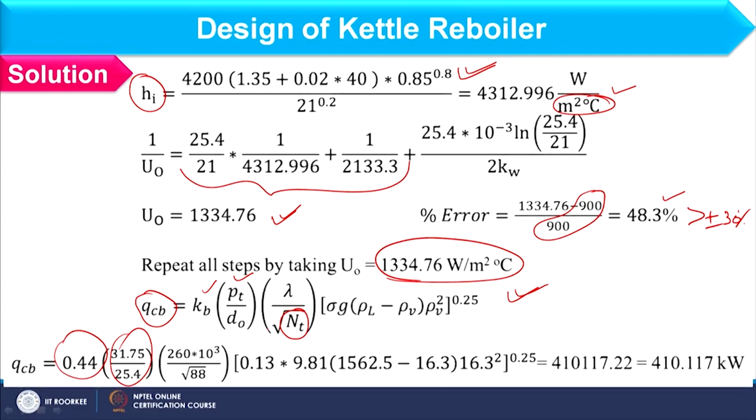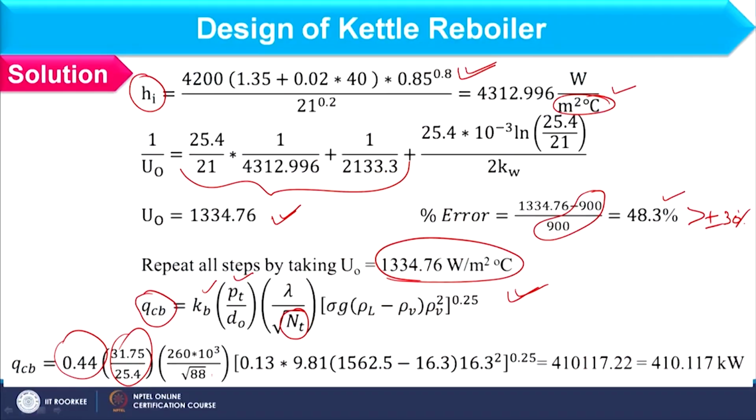NT is usually what we represent for the number of tubes, but here I am considering NT as the number of holes, right. So, here the NT value should be 88, as you can see here. Okay. So, considering all these values, we can find the critical heat flux as 410.117 kilowatt per meter square.